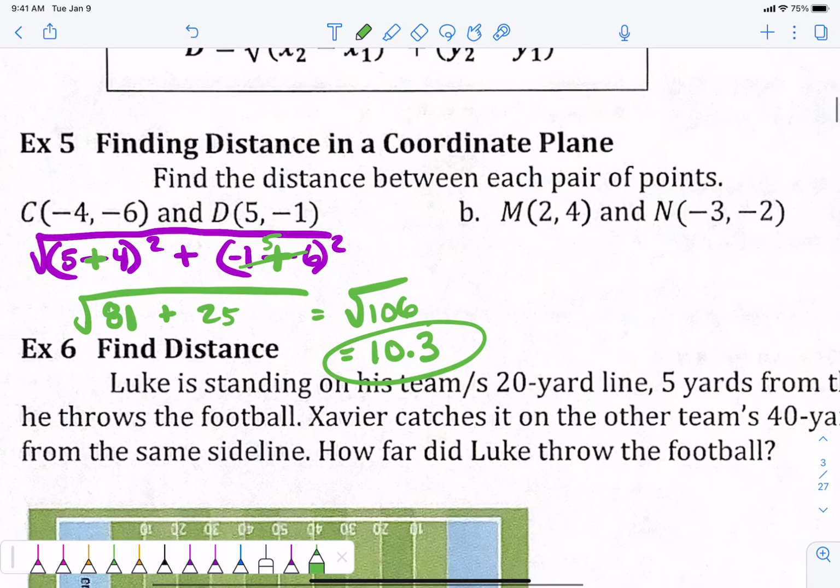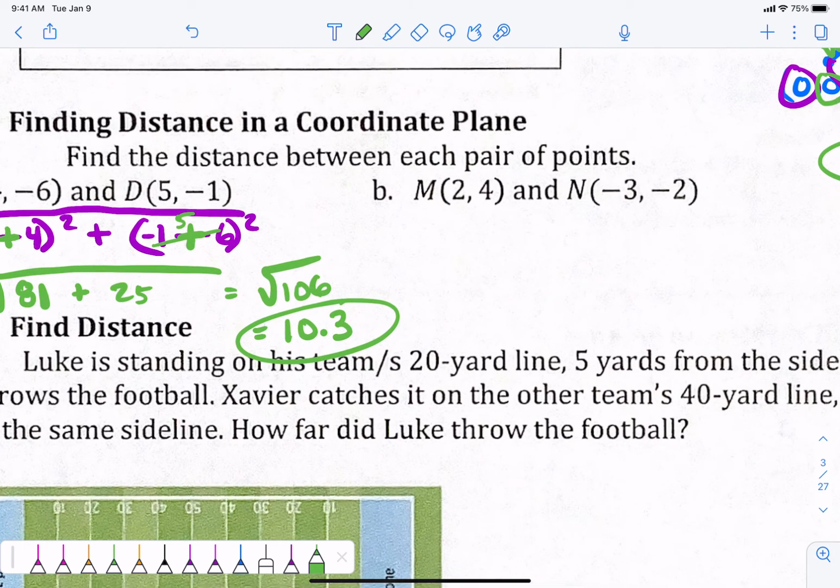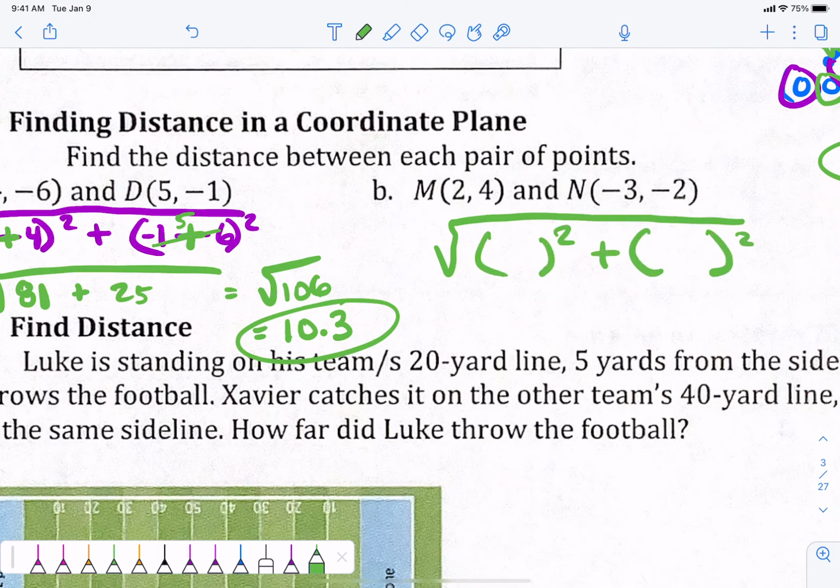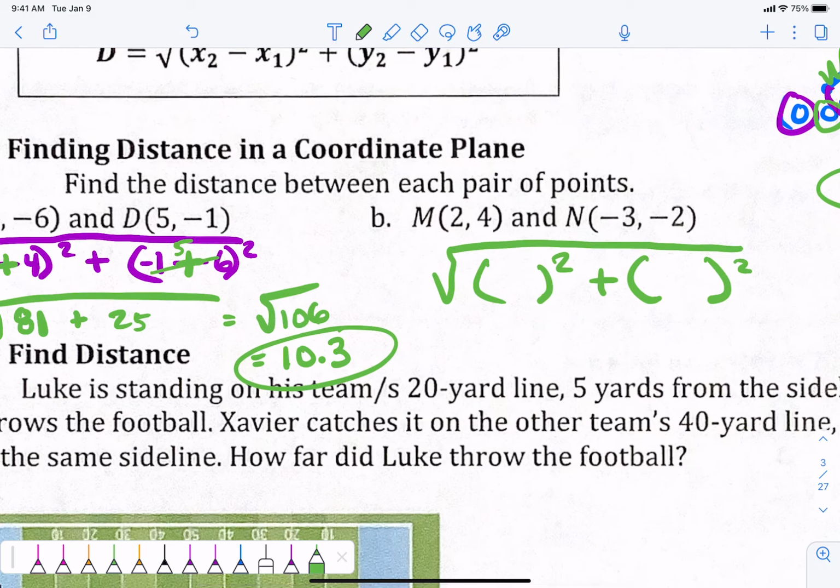All right, now, I can do less work than that because I can do some of that in my head, right? The really nice thing about the distance formula is that when you subtract the x coordinates, it doesn't matter whether it's positive or negative because the square is going to end up changing it to be positive no matter what, right? Okay, so here's the deal.